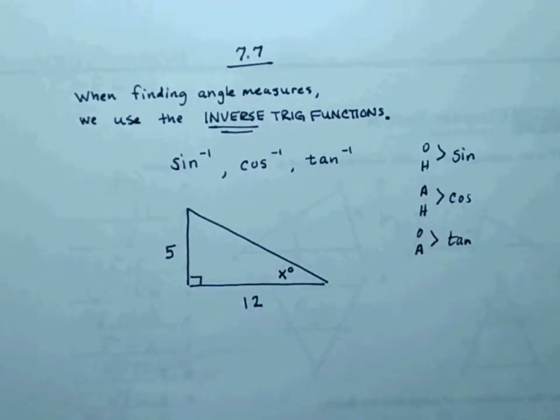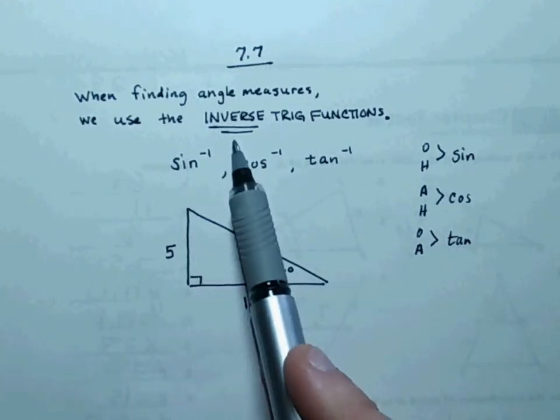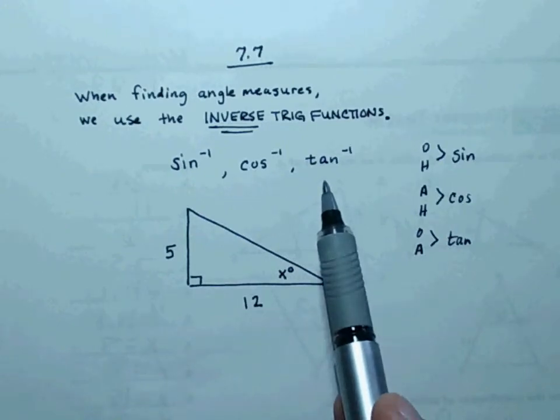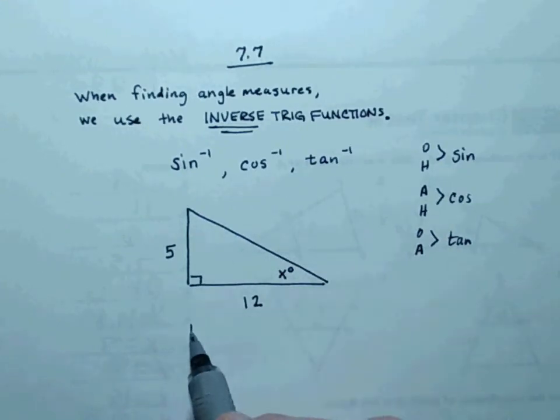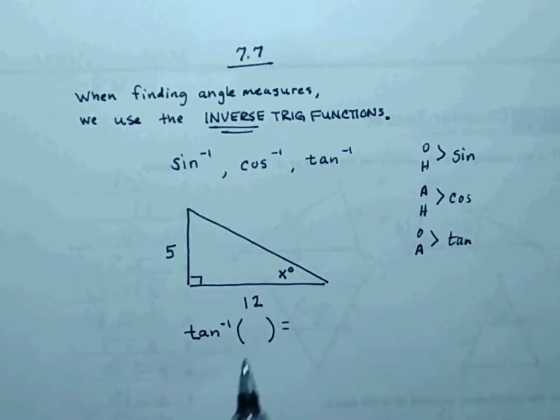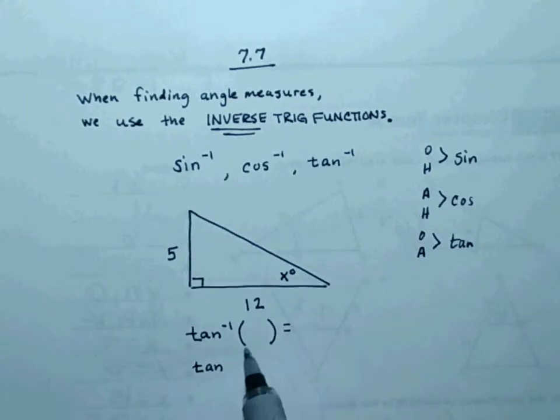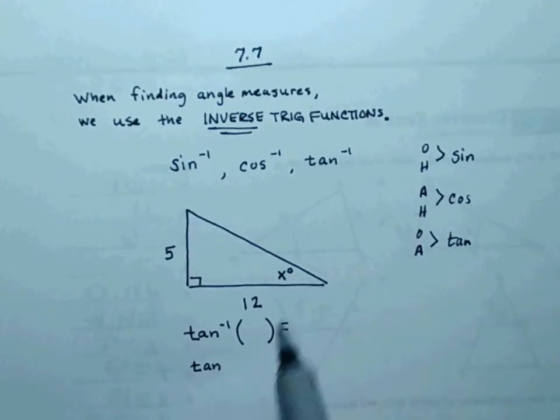Right. And since I'm trying to find an angle measure, that means I'm going to use the inverse. So I'm going to use inverse tangent. Earlier, when I was wanting to find the tangent, remember I put my angle next, and then that equals opposite over adjacent.